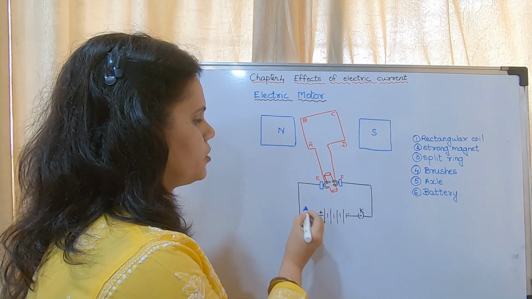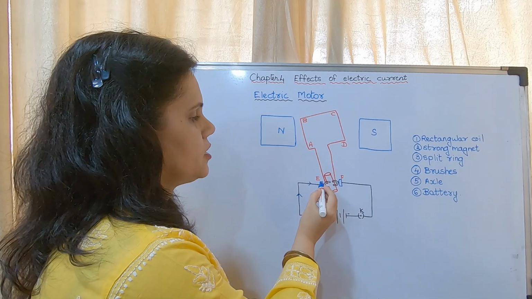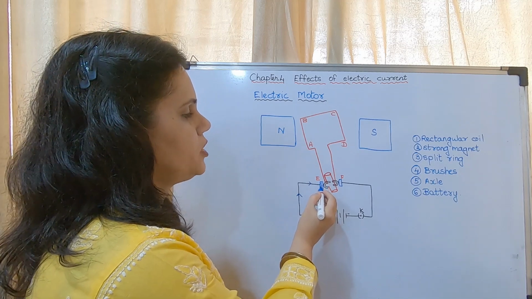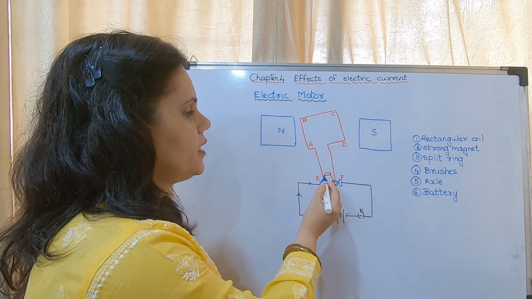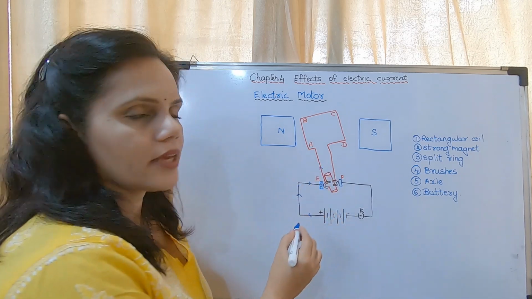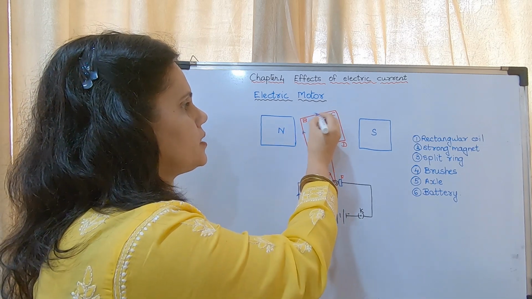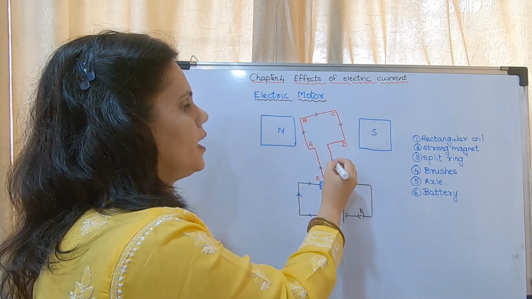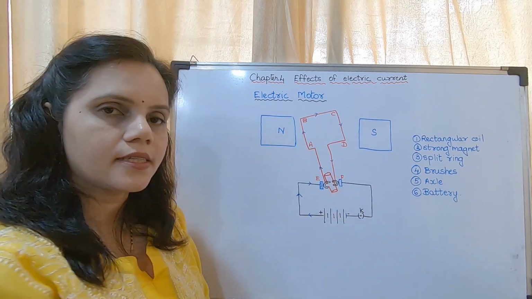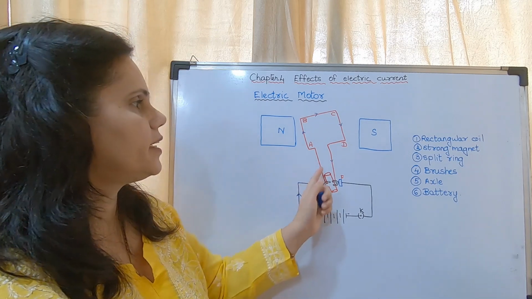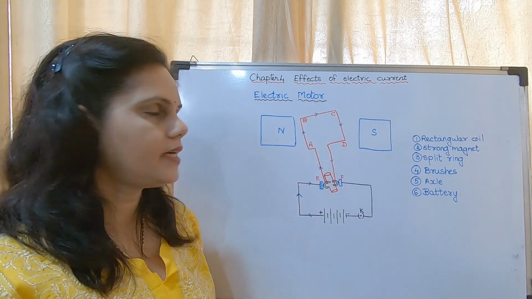It will start from positive, from the brushes. This is the brush. From the brush it is passed on to the split ring. From the split ring it will enter into this wire coil. It will flow from AB, BC, CD and back. Now when the current is flowing, this will start acting as a magnet.